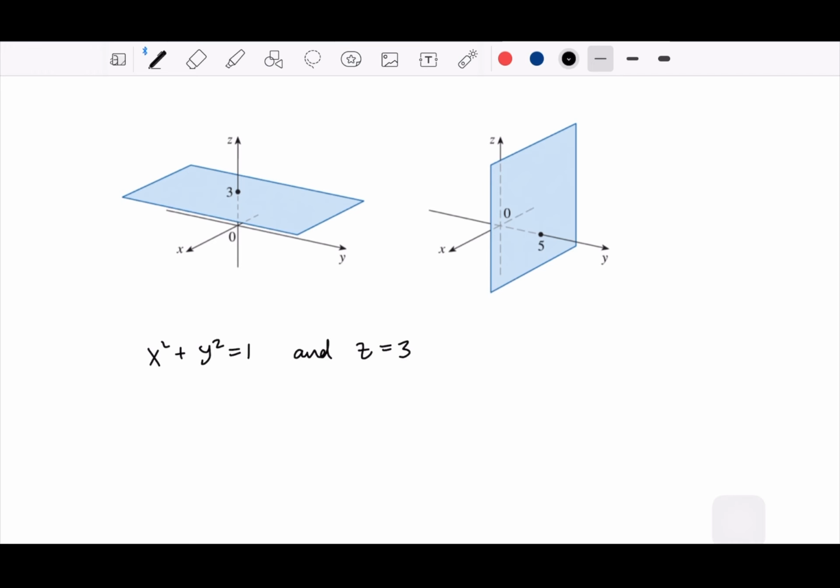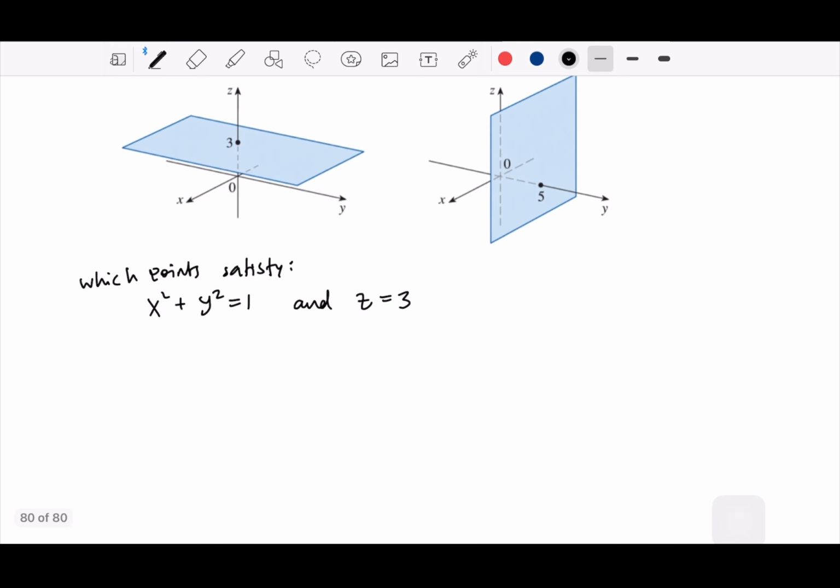Probably we should ask which points satisfy these two. First we can think of the first one as a circle in 2 dimensions. The second one is the surface.